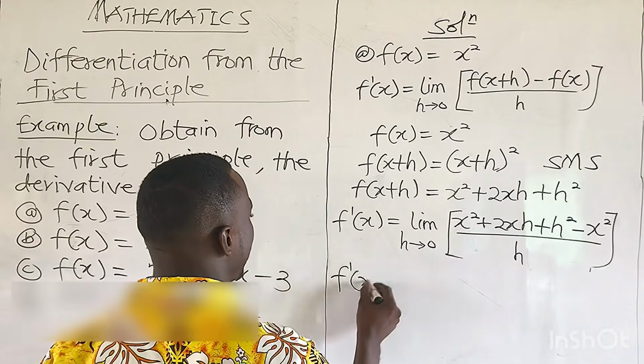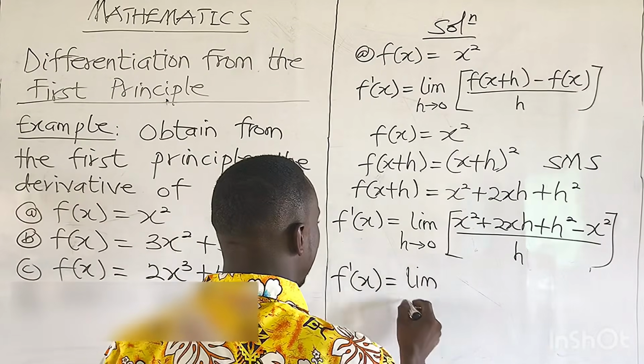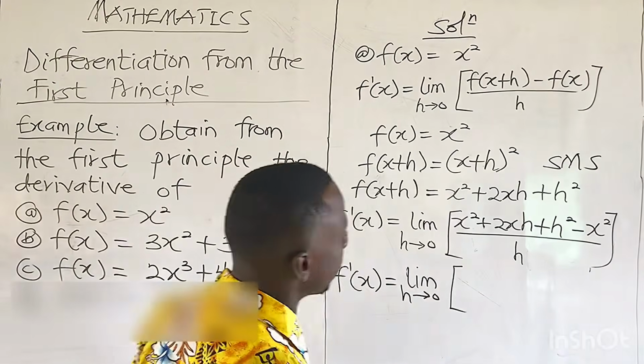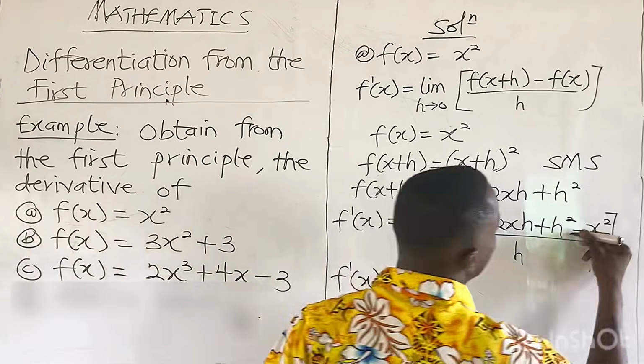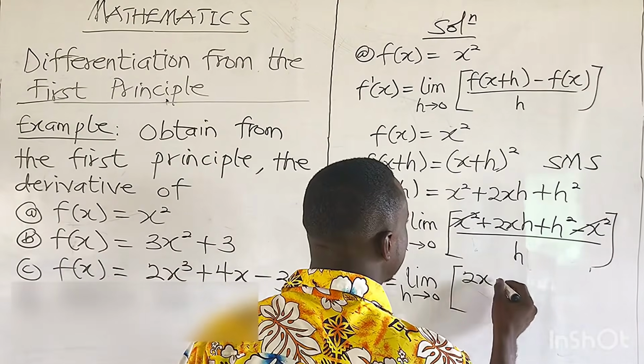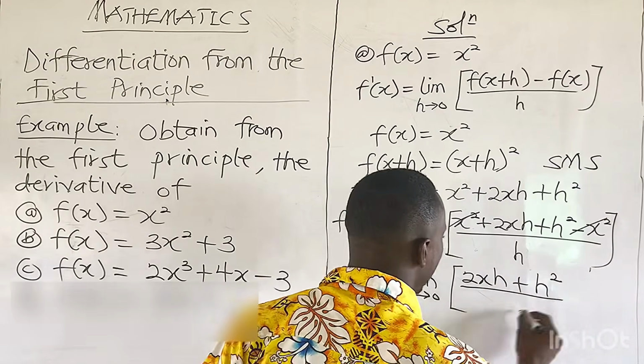Then from here, this x squared can cancel this x squared. So it will be left with 2xh plus h squared all over h.